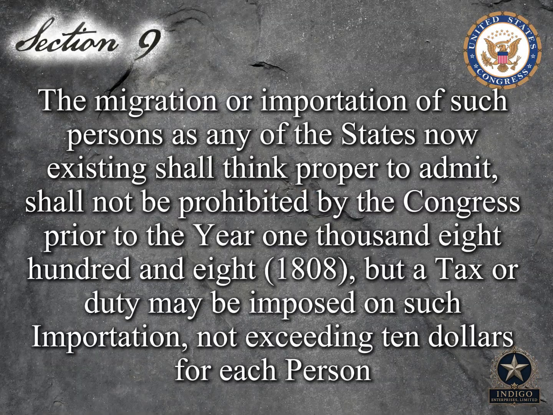The migration or importation of such persons as any of the states now existing shall think proper to admit shall not be prohibited by the Congress prior to the year 1808. But a tax or duty may be imposed on such importation, not exceeding $10 for each person.